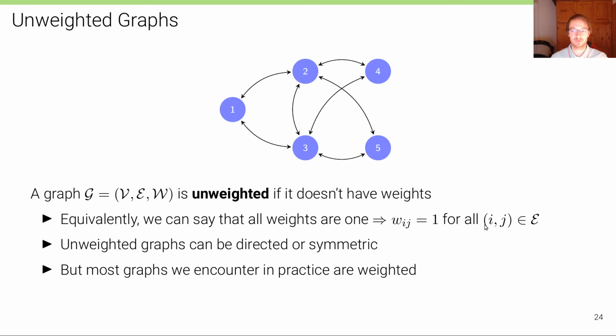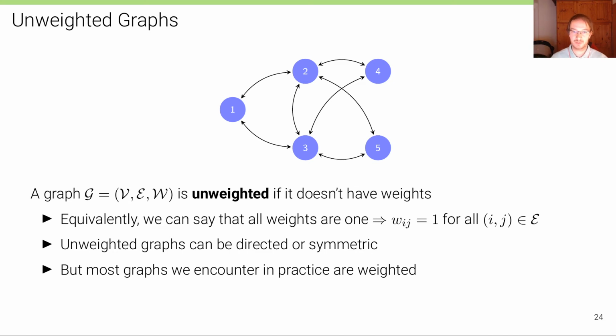wij is 1 for all ij edges in the edge set. Unweighted graphs can be either directed or symmetric. But most graphs we encounter in practice are actually weighted. For many problems that we will see, we have weighted graphs, and if we have this weight information, of course, we should take it into account.